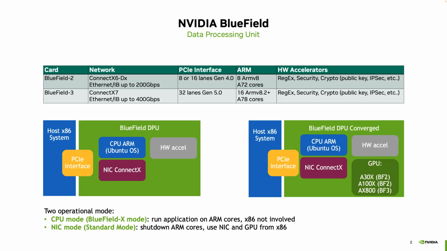If instead you have a BlueField 3, you have a ConnectX-7 as a network card, PCI Gen 5, 16 ARM cores, and still kind of the same list, but of course more powerful, of hardware accelerators.